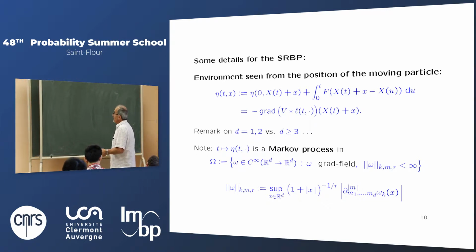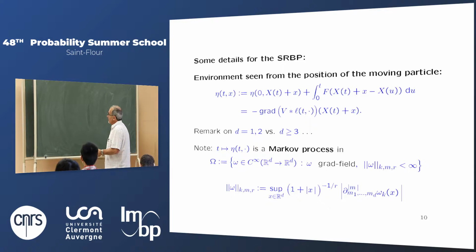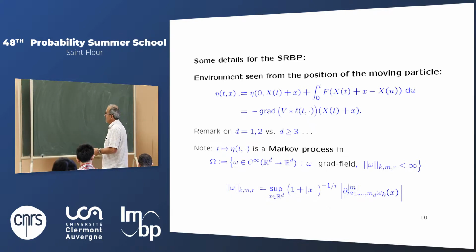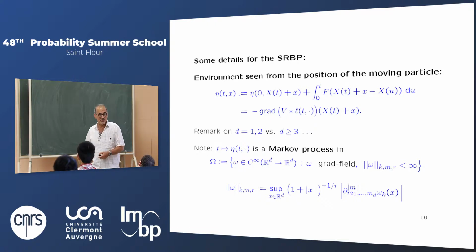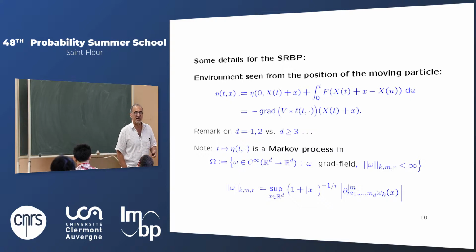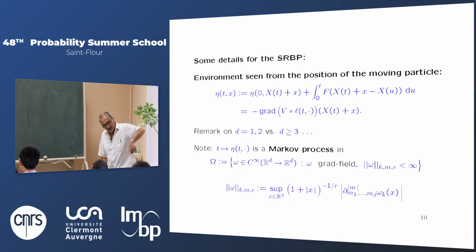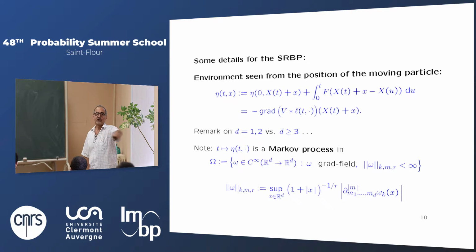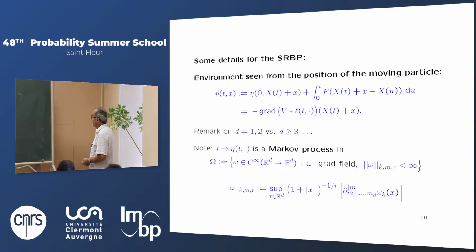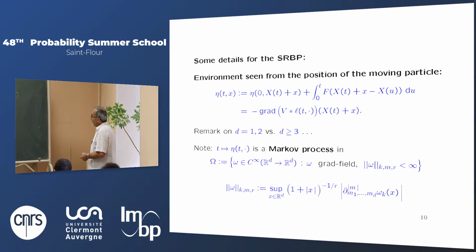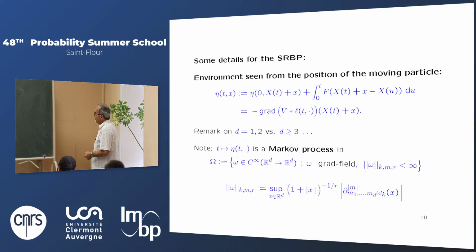That means infinitely differentiable vector fields over R^d are the elements of my space, but which satisfy the gradient condition. So they are gradients of something. That means that the line integral of the vector field on any closed curve is 0. And I define some... yesterday I also did that, the day before yesterday I didn't write on the blackboard.